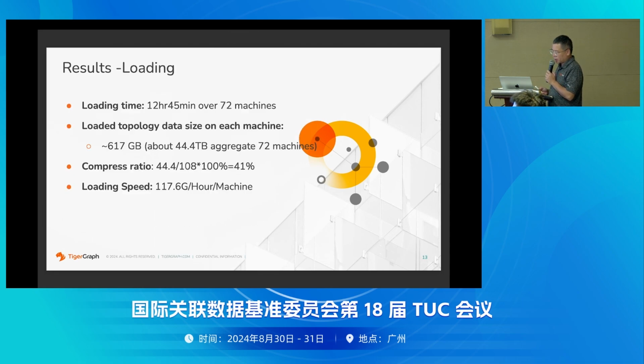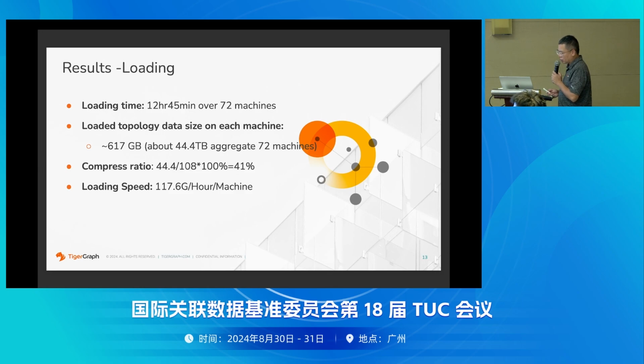And for this 1 trillion edges, the loading time on the 72 machines is 12 hours and 45 minutes. Per machine, we observe 17 gigabytes of topology after loading. If you aggregate this from the 72 machines, it ends up 44 terabytes.